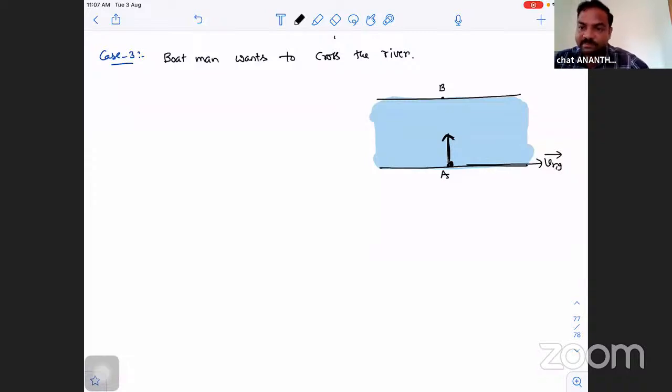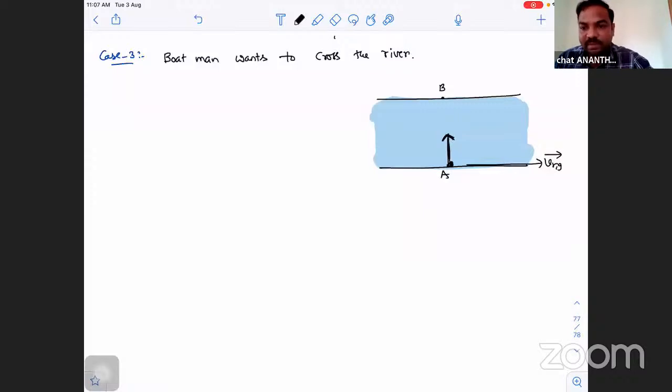No. Very good. So at what point might he reach? Which point may he reach? Yeah, on the right side of B point, somewhere, because of the river flow. See, he is moving in the proper way, perpendicular to the river, so that he wants to reach the B point.